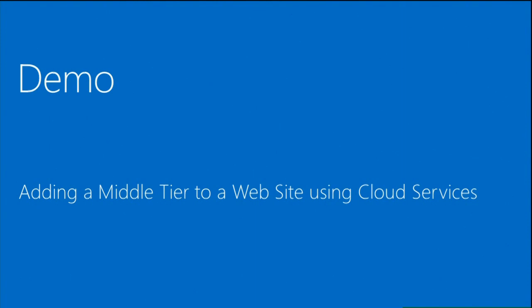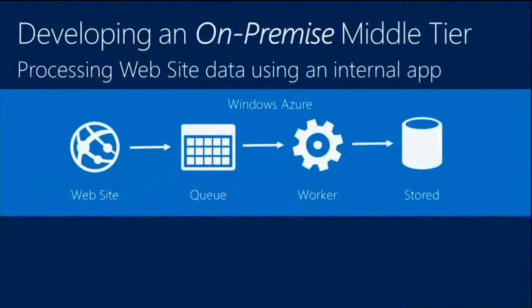The drawback, or not so much a drawback, to this approach is that when I was using the worker role, my worker role is hosted up in Azure. Let's say now I have a requirement that for some reason this processing needs to happen on-prem. This processing cannot move to the cloud. So how do I do it?